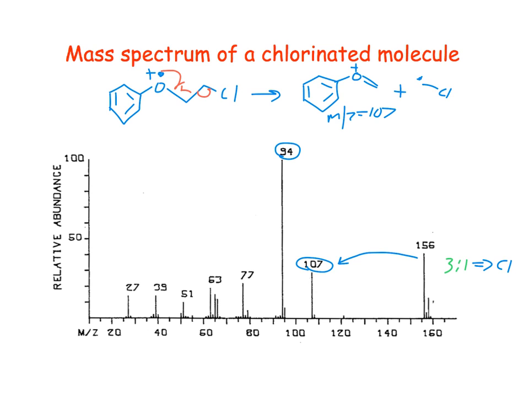So what's unusual about it? Even mass, right? So it needs to do a rearrangement. So this is going to do essentially that rearrangement that I showed you with the benzene ring, because it has an oxygen here, and then 2 carbons, and then the chlorine.